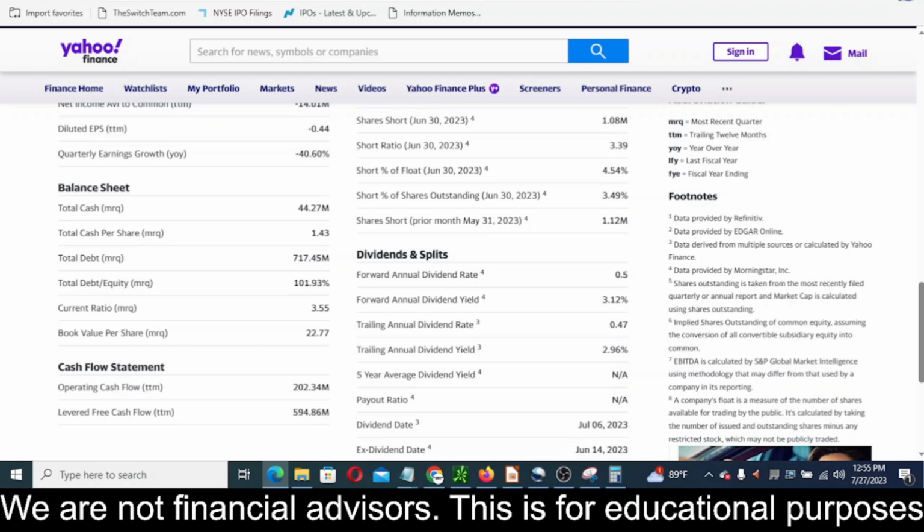Now, I will say this, you don't want to only look at book value per share in itself. This is one thing you can look at to help you. But if a company comes out and they have terrible guidance, or they say they're going to go bankrupt in 6 months, you need to consider other things.